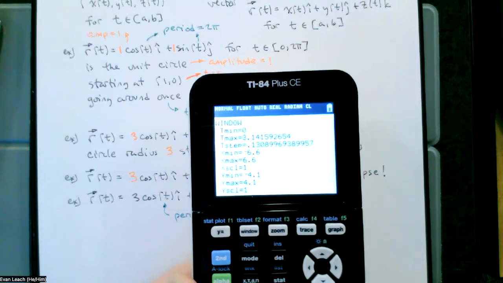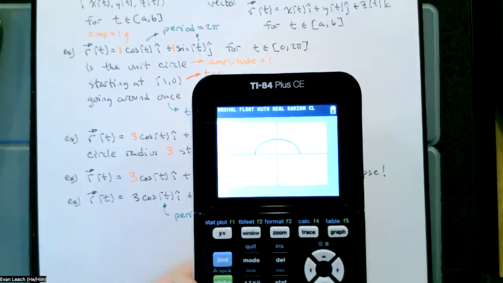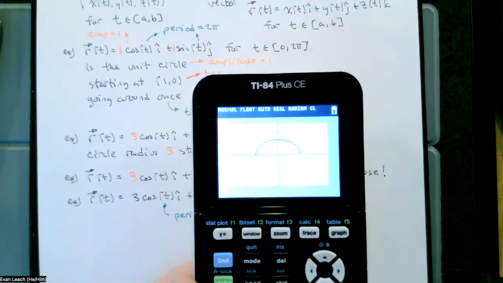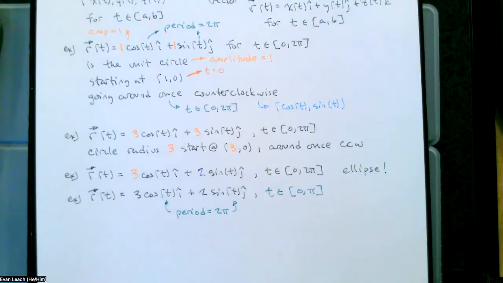Let's see what happens. Pretty much as expected. We got t equals 0 to t equals pi. We got the upper half because I changed the values of t that I'm plugging in. I'm only plugging in that first half circle, but I didn't change the period of my two functions.